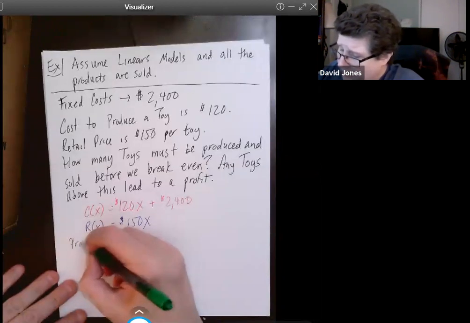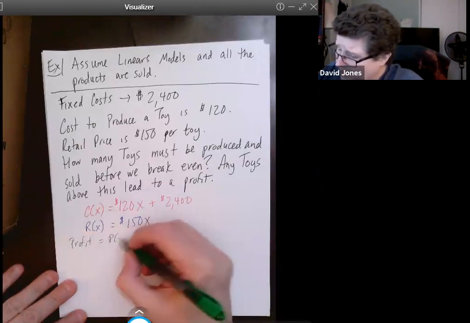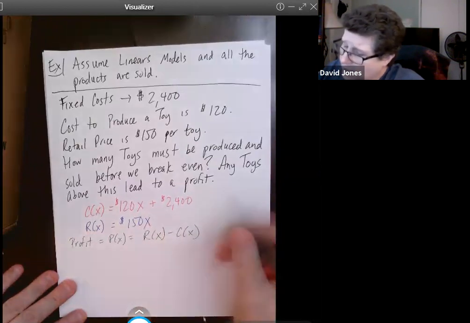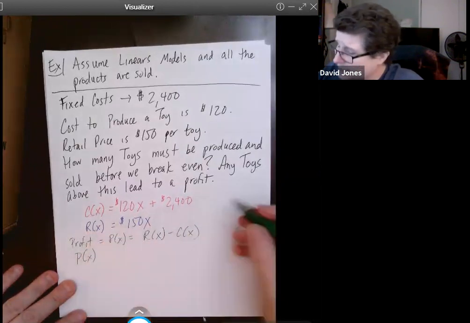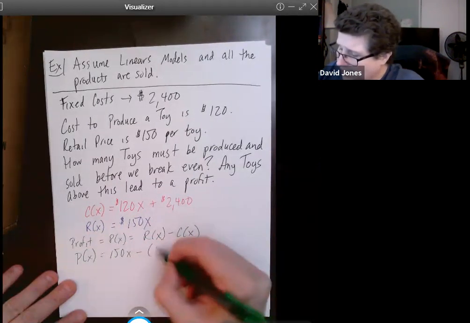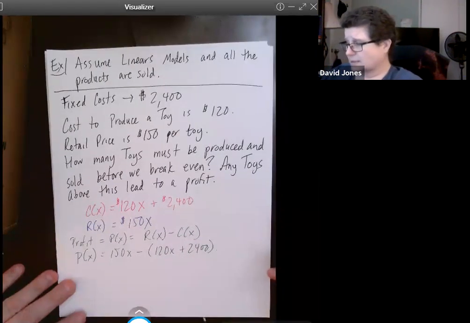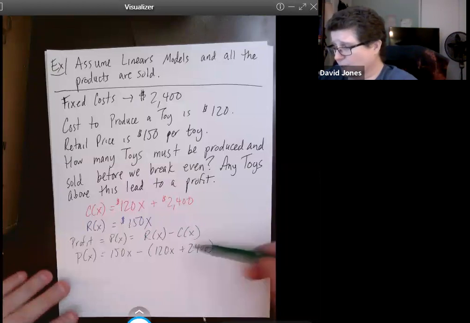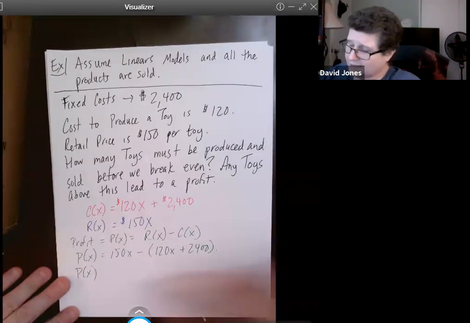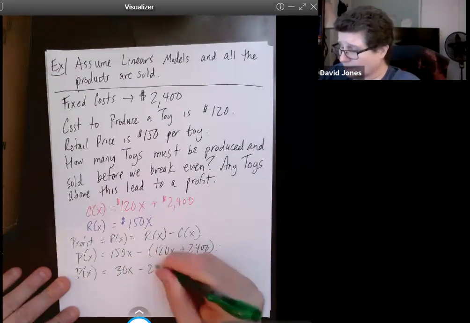So profit is P of X equals R of X minus C of X. The profit function is 150X minus the quantity 120X plus 2,400. I stopped writing the dollar signs down, but it is in terms of dollars. We distribute the negative sign and gather like terms. I've got 30X minus 2,400.